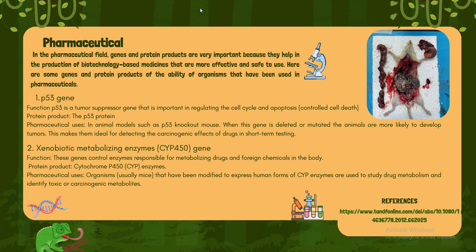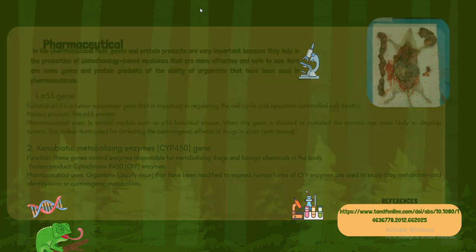Protein product: cytochrome P450 CYP enzymes. Pharmaceutical use: organisms, usually mouse, that have been modified to express the human form of CYP enzymes are used to study drug metabolism and identify toxic or carcinogenic metabolites.